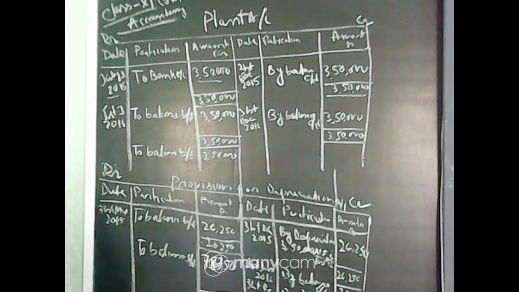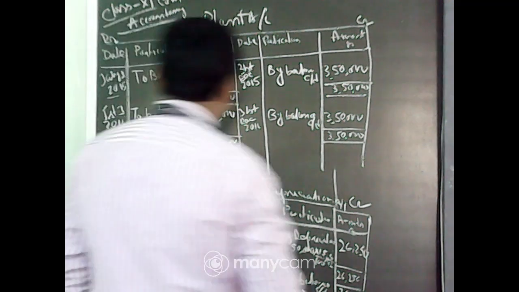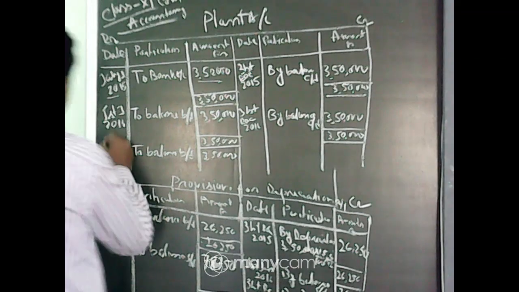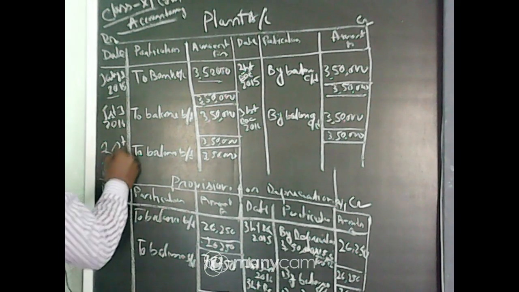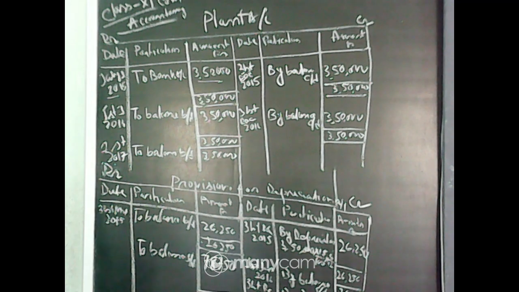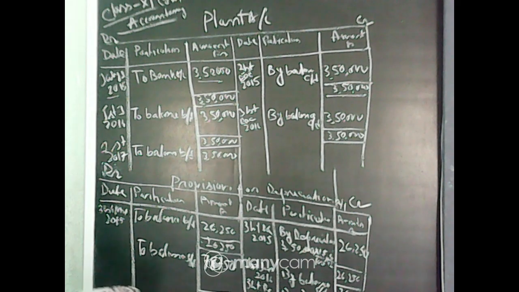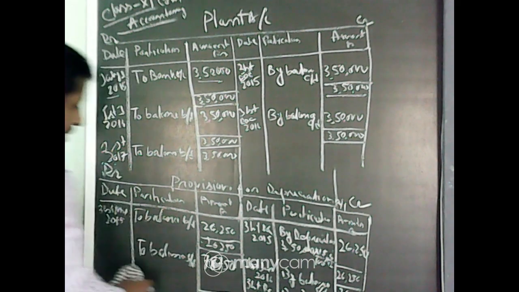Now, here also, that is the 1st January 2017 balance. Now, we are rubbing that because the place is short in here. I am deleting all that.